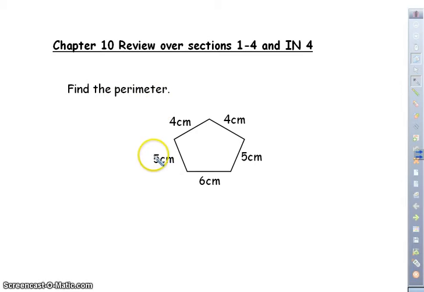This one needs us to find the perimeter. If you recall, finding perimeter is adding up all the lengths of the outside boundary of that shape. In this case, it's just adding all 5 of these numbers together.